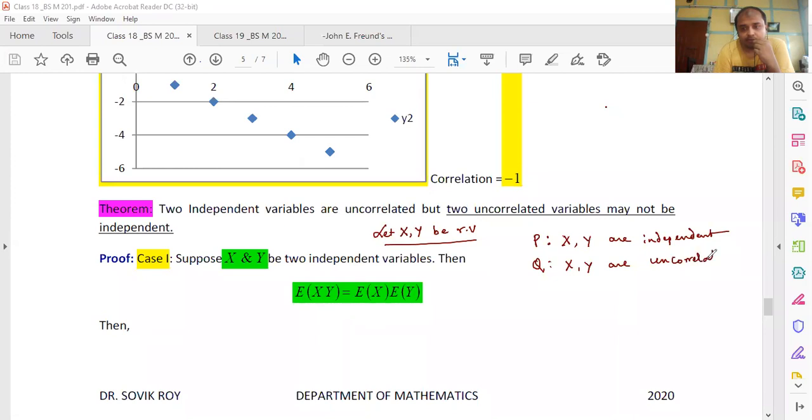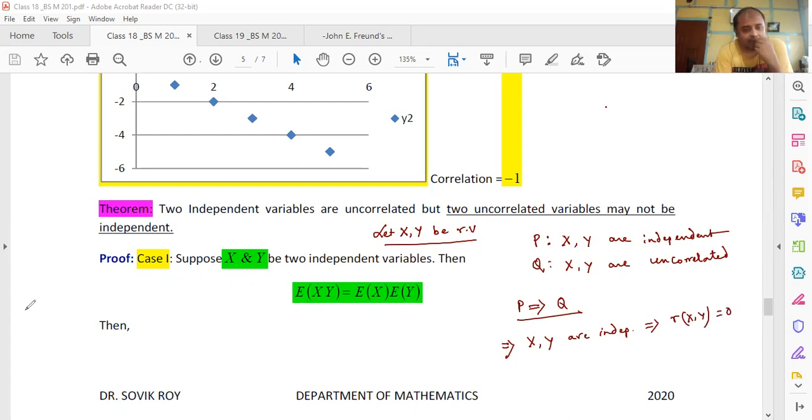So in the theorem, we are supposed to show that P implies Q, that when the two variables are independent, they are uncorrelated. This means when X and Y are independent, this implies Rxy is equal to 0. That we want to prove over here.